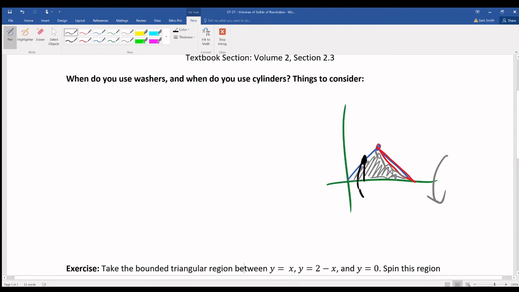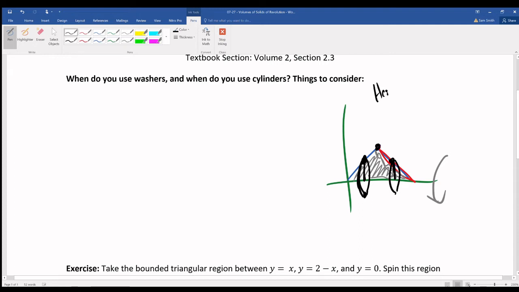But I'm going to run into a problem where as you pass across this corner here, where the blue and the red function meet, the radius function is going to change dramatically.